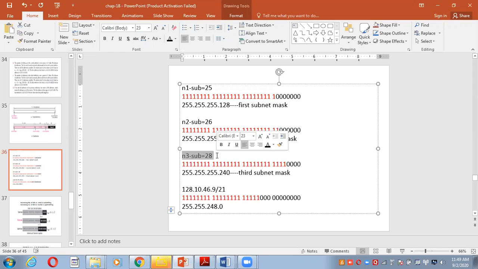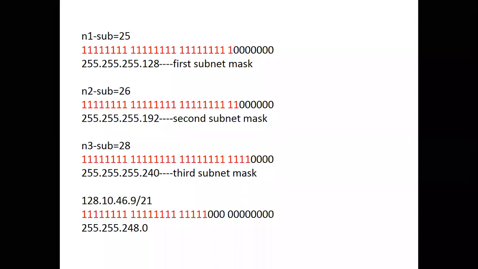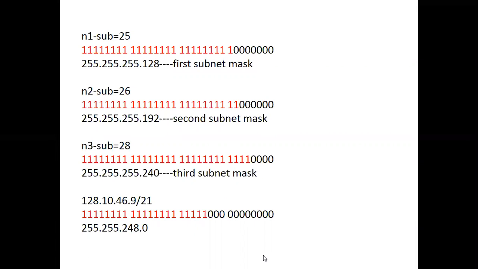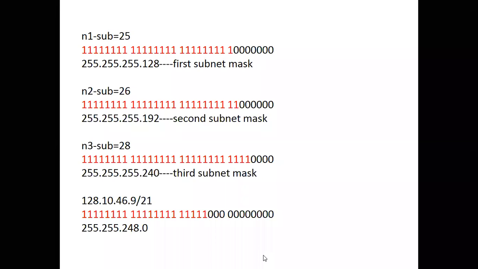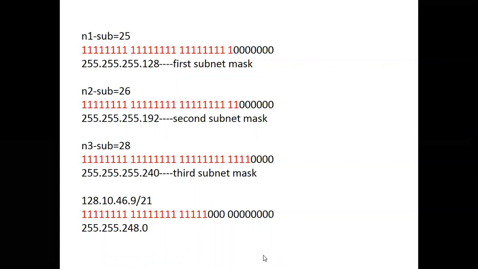The third subnet mask has length 28. So here you can observe 28 ones written, and then convert it into the decimal value, which has been shown in this case. This way you can have the representation of the subnet mask in the problem. This kind of problem may come in the practical slip for 30 marks, and you will have to elaborate all these values by interpreting step by step.